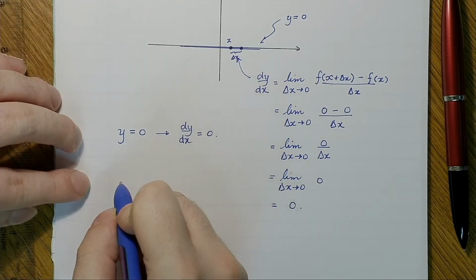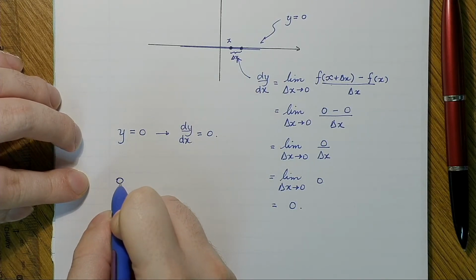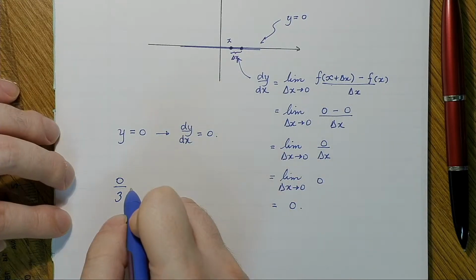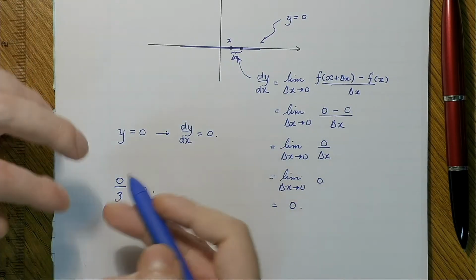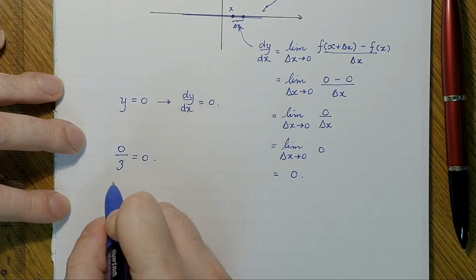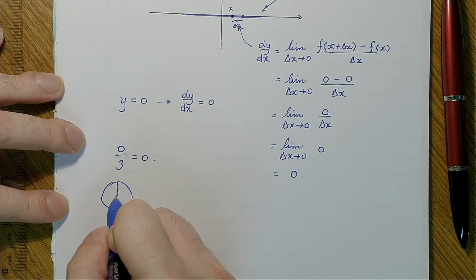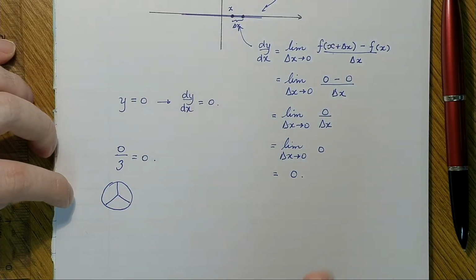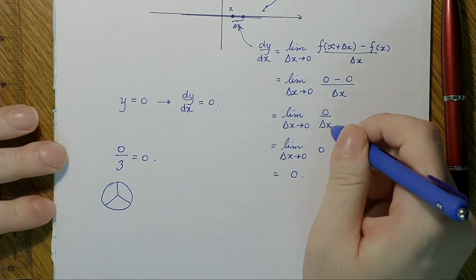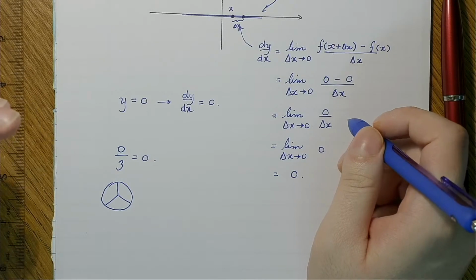So for instance, if I have 0 out of 3 on a quiz, that's equal to 0. It doesn't matter if you split that pizza up 3 ways. If you told me that you got 0 out of the 3 slices, you got 0 pizza still. So it ends up dominating, and so 0 over anything is still 0.